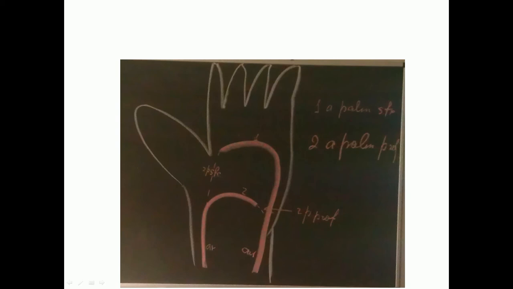Which branch is this vessel? A branch of arteria radialis. So arteria radialis gives this ramus palmaris superficialis for making anastomosis with arteria ulnaris.